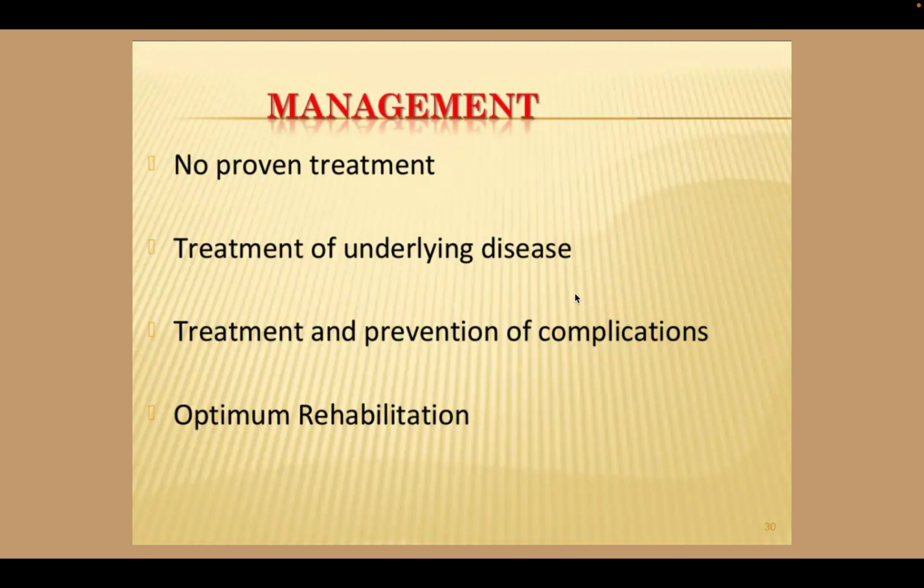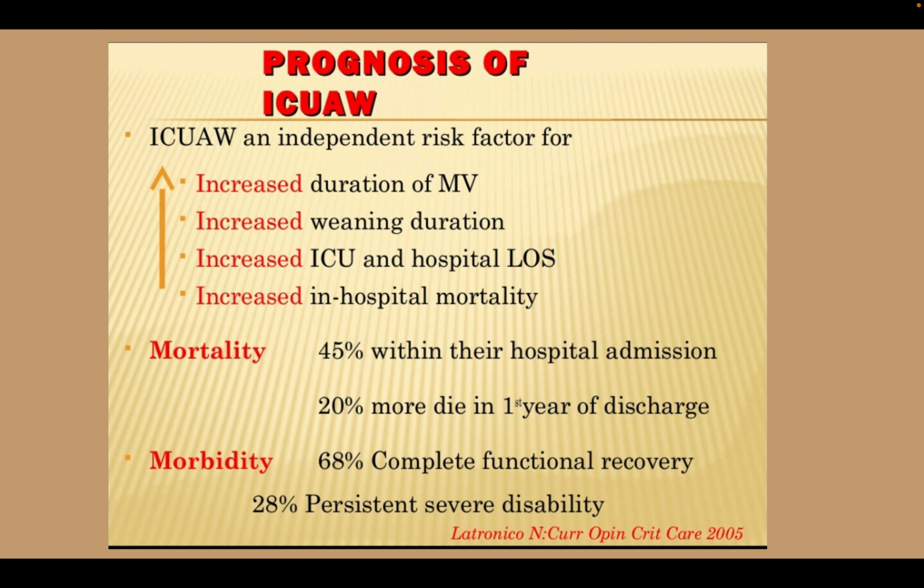You need to treat the underlying cause, treat and prevent the complications, and of course rehabilitation, which forms the mainstay. Of course it is an independent risk factor for increased duration of mechanical ventilation, weaning failure, ICU and hospital length of stay. It will cause about 45% mortality within their hospital admission, and 20% die in the first year of discharge, and a huge morbidity thereupon.